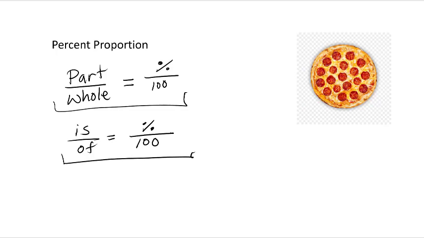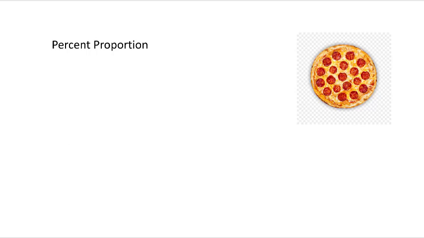So let's use these two formulas in the next few examples. Well, let's copy them over. So just so we have these as a reminder, part out of whole, right? The ratio of part to whole is equal to the percentage as a number divided by 100, or if the wording is different, is over of is also equal to percentage out of 100.